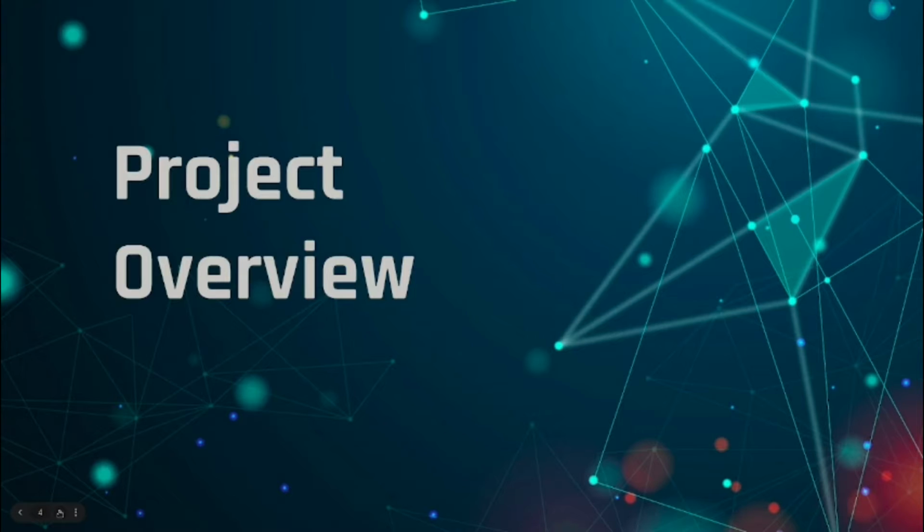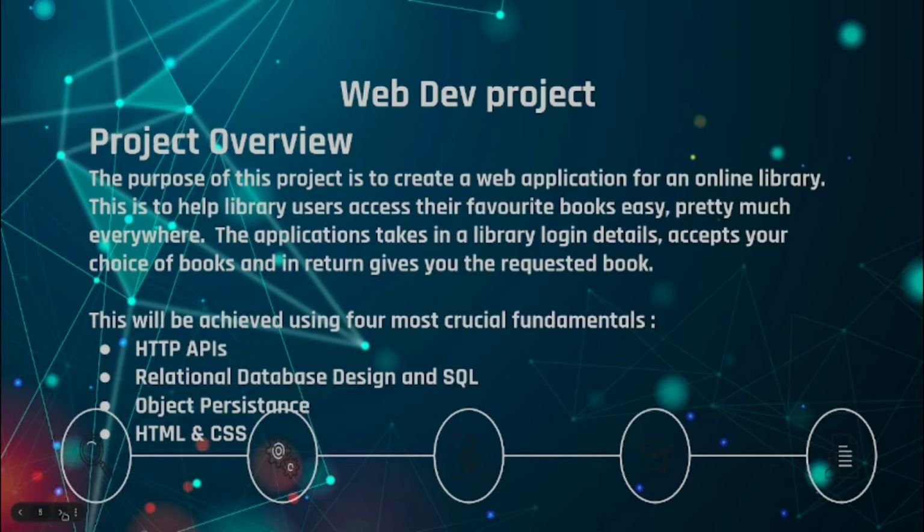So you can use all that information in order to be able to access the book that you need. This project is going to do exactly that, and we have incorporated a couple of topics which are very crucial fundamentals in order to make this project a huge success.